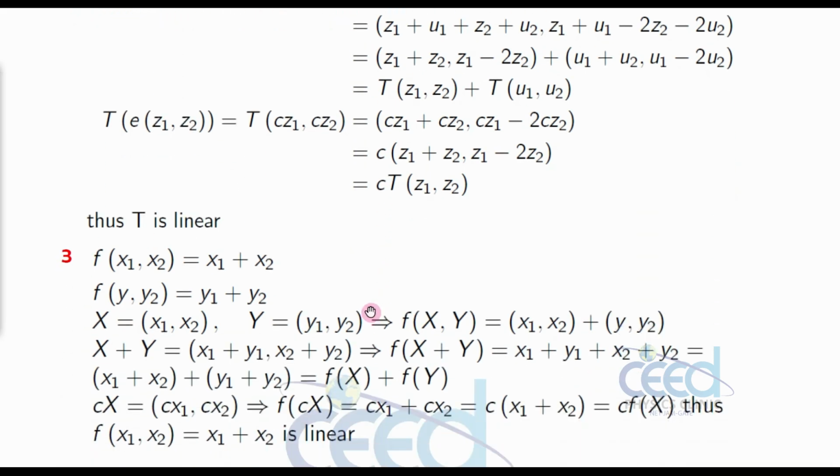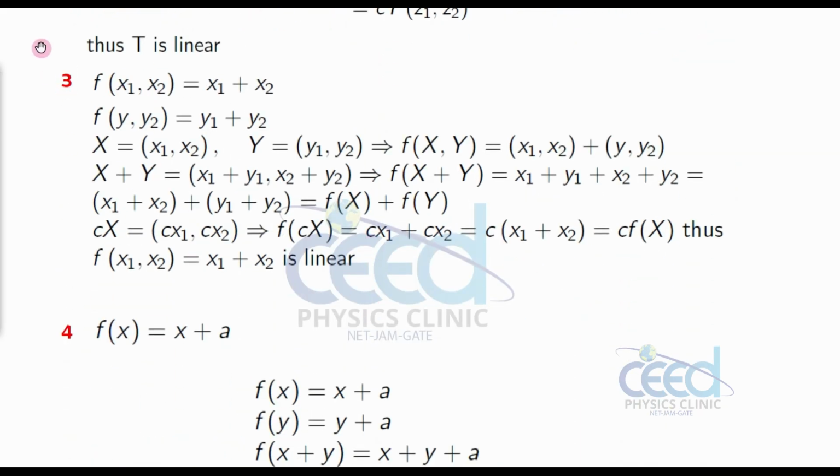Now another example: f of (x1, x2) is x1 plus x2, and f of (y1, y2) is y1 plus y2. Is it a linear transformation or not? Let x be (x1, x2) and y be (y1, y2).